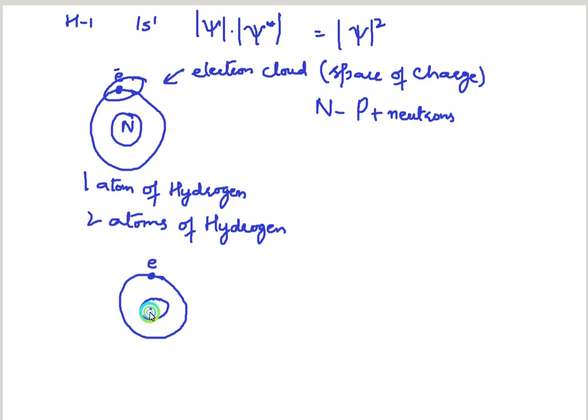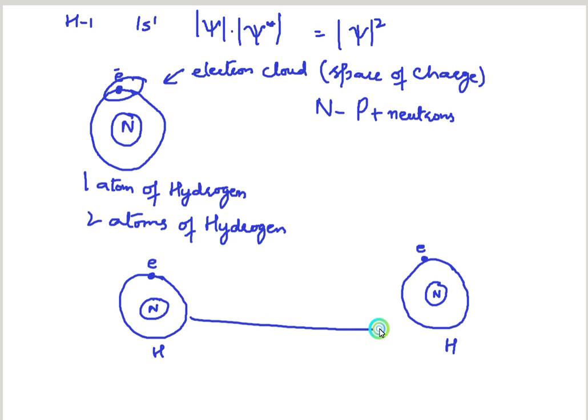This is the electron, this is the neutron, this is hydrogen, say H1. And with its electron, another electron here, this is the second hydrogen atom, H2. Let us suppose the distance between the two is some r.